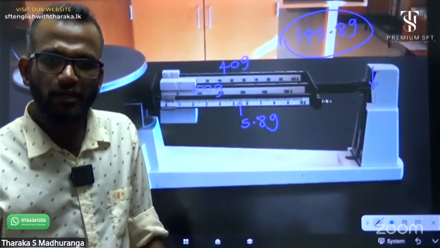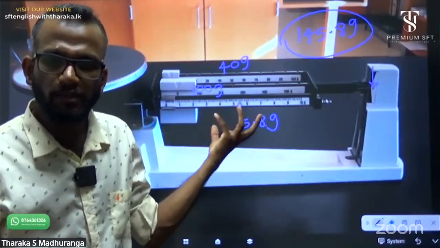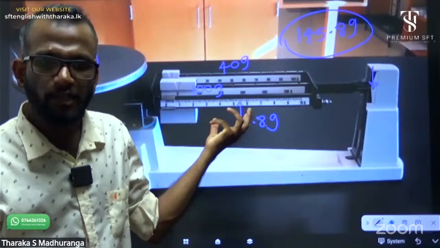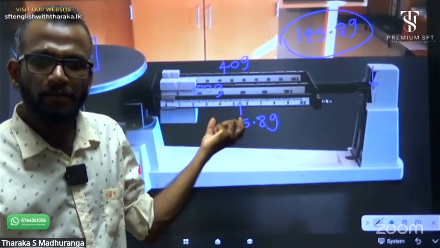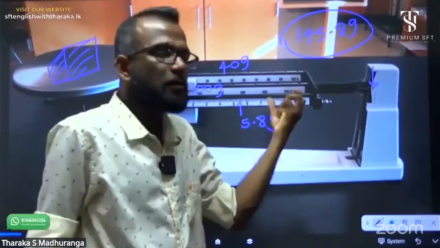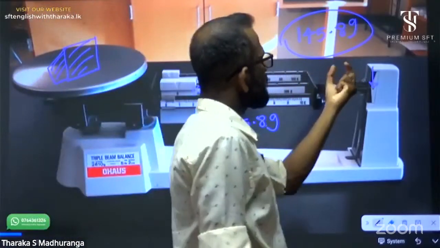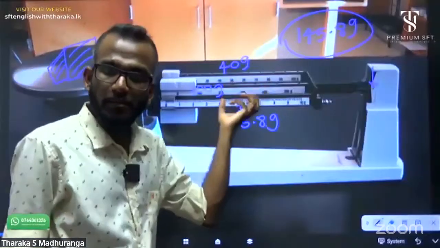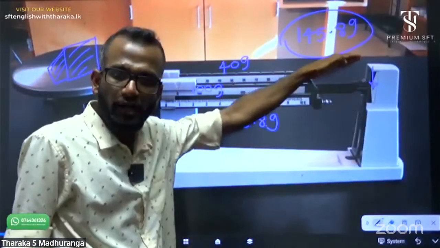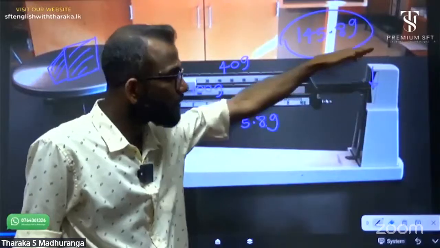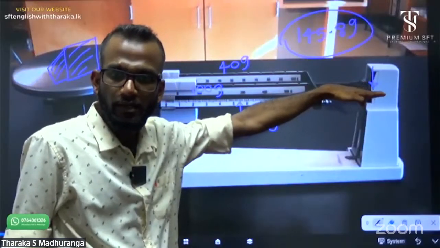I think you got the reason, you got the purpose. The purpose is balancing: balance and get the pointer again to the zero mark, right?